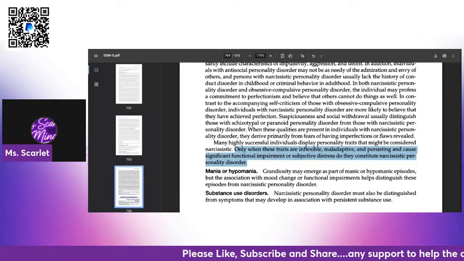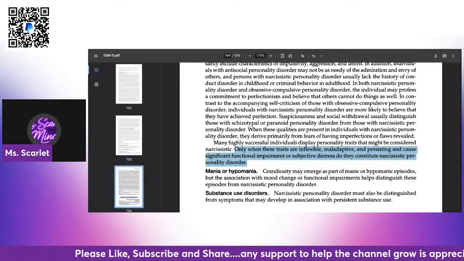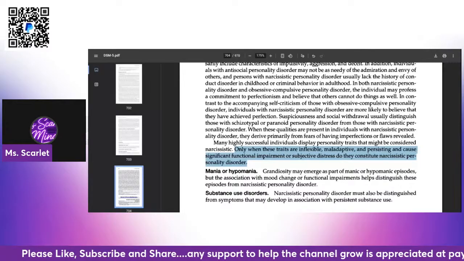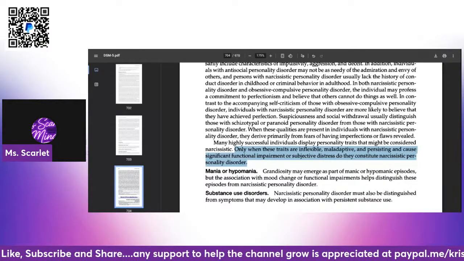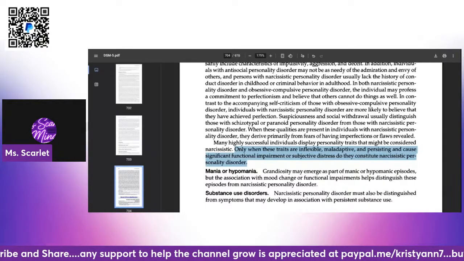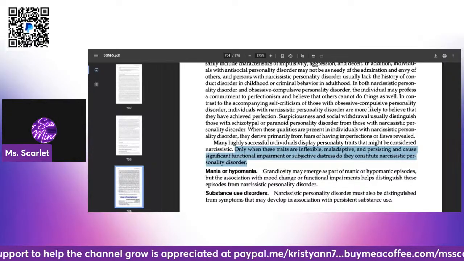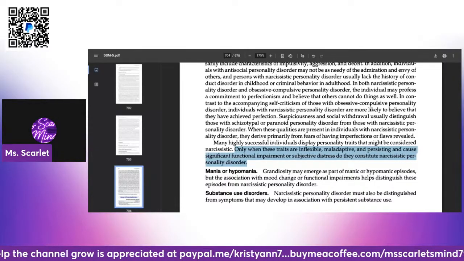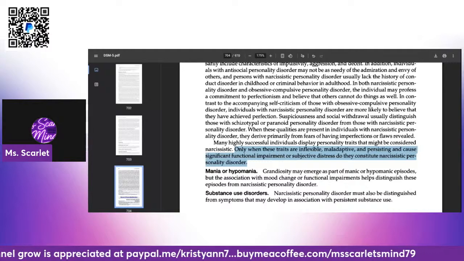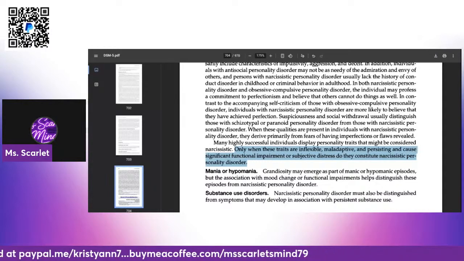Most people don't meet this criteria because most people are flexible, I guess I can use, because I just saw the word inflexible.